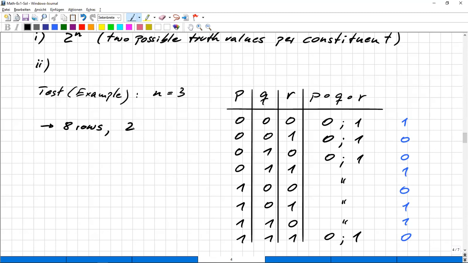We said 2 to the 8 non-equivalent compounds. So now the setting is clear, I think. And the question is, how do I get to 2 to the 8? Okay, it's just 2 to the number of rows.